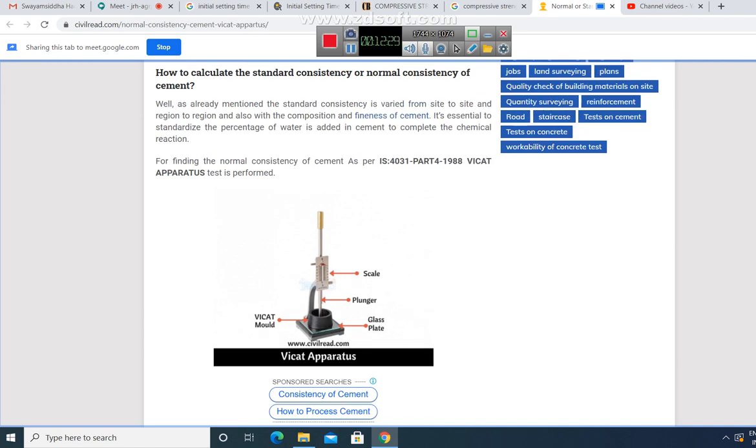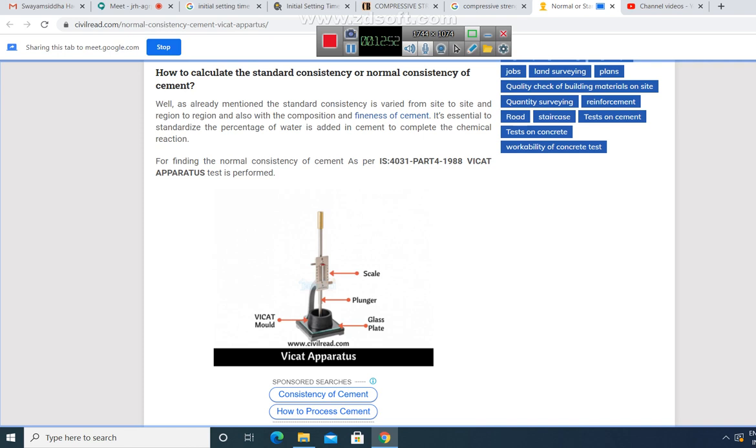So what is the depth of penetration of the plunger? Using the Vicat apparatus, you are filling the Vicat mold with cement paste, and you are allowing the plunger to penetrate into it.